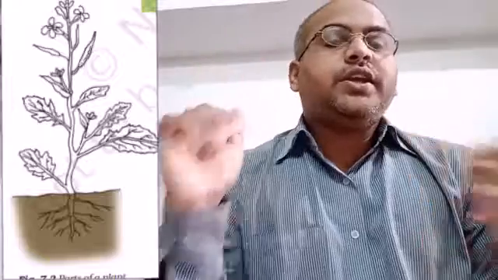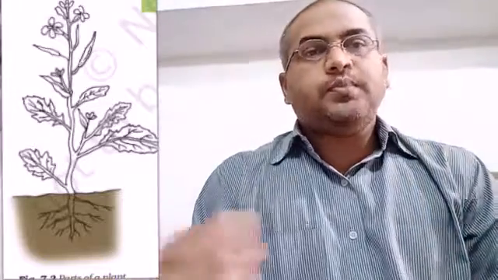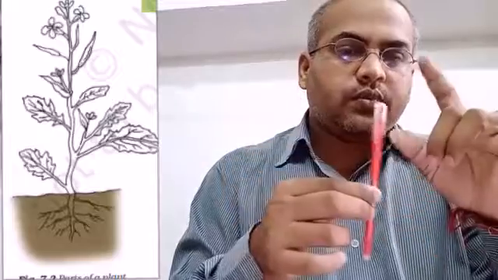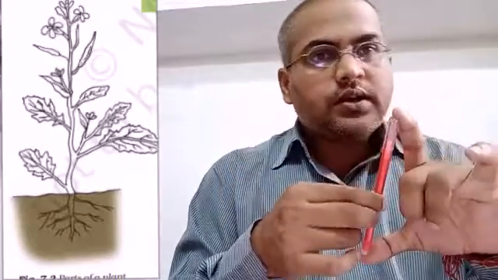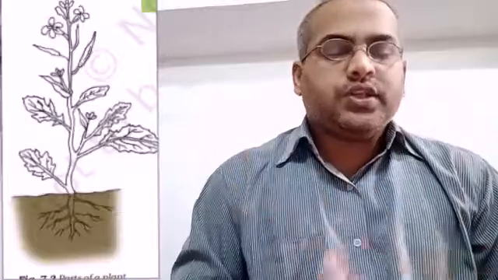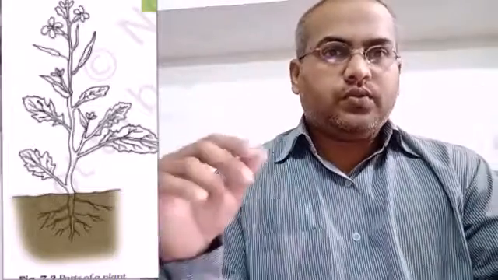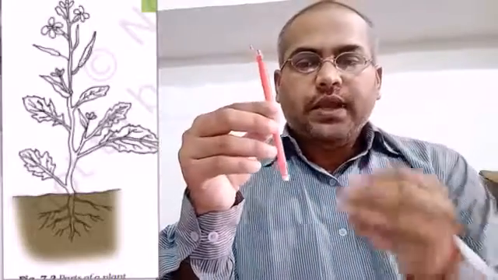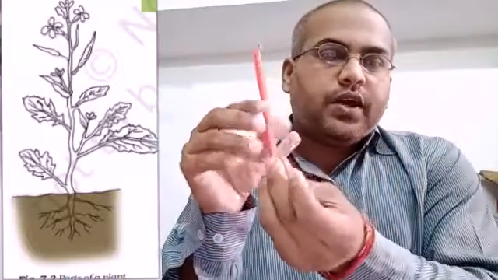And the portion in between these nodes, suppose one node here, one node here, this portion is called internode. And suppose this is a stem, and from here a new branch will grow.